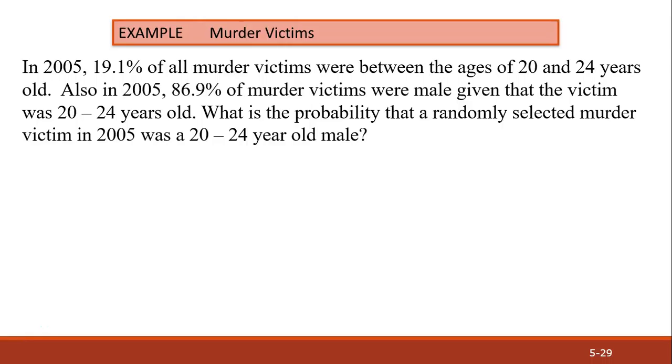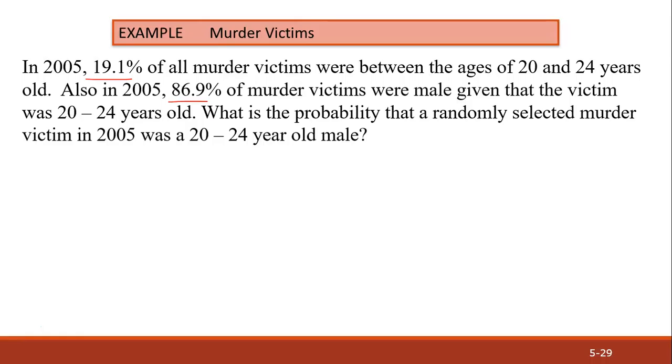Also in 2005, 86.9% of murder victims were male, given that the victim was 20 to 24. So this is what we had just figured out. What we're going to find in this one is, what is the probability that a randomly selected murder victim in 2005 was a 20 to 24-year-old male?